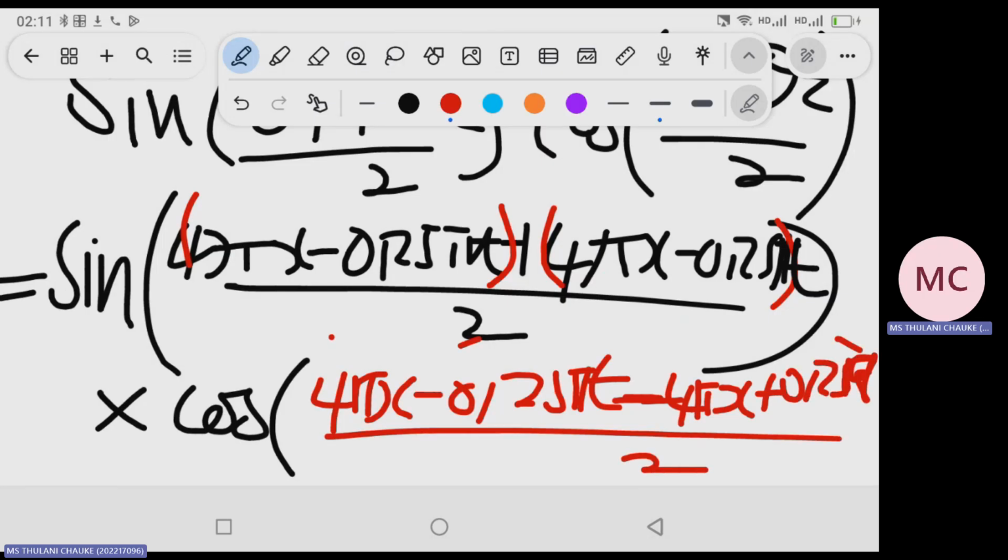These terms cancel, we'll have 0, and the cosine of 0 is 1.